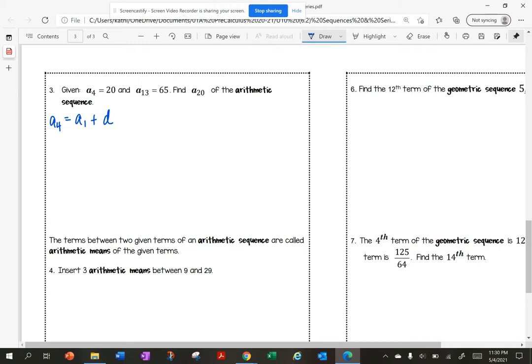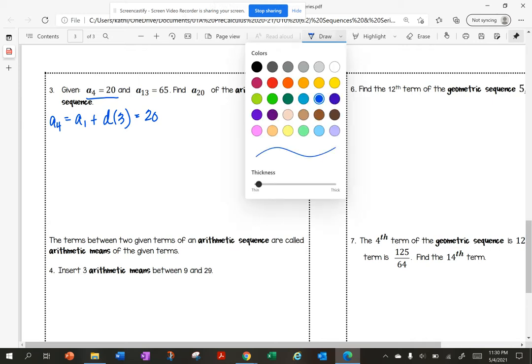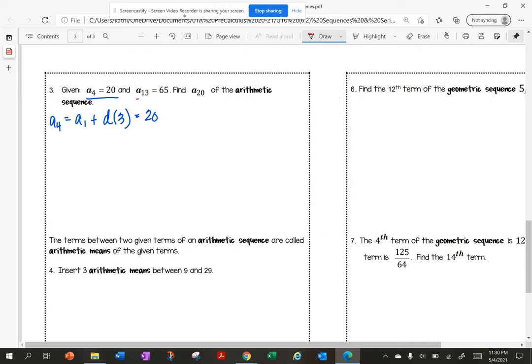So 4 minus 1 is 3, and I know that term equals 20. And the 13th term is the first term, a1, plus d times 13 minus 1, which is 12. And I know that term equals 65.